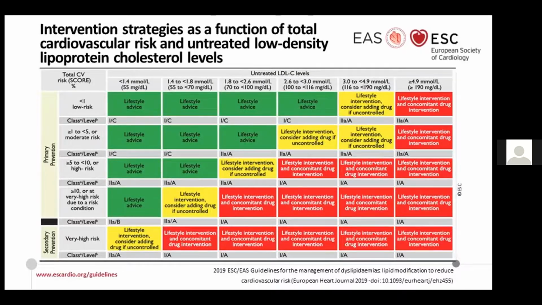As you can see, the green is when lifestyle applies alone, but you only have greens mainly in primary prevention, not in secondary prevention. As you can see, in secondary prevention, there is not even a green. You start with a yellow and almost 1, 2, 3, 4, 5, 6.